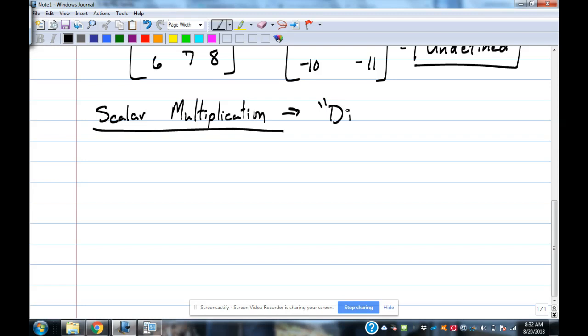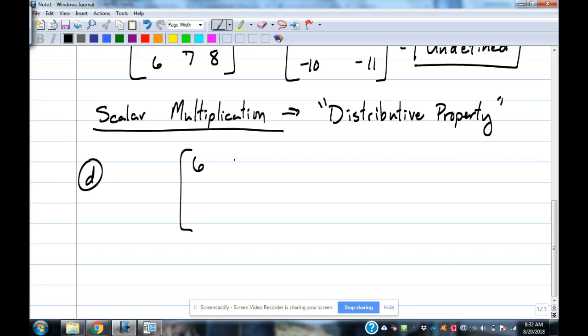Okay, so that's what I want you to think of. It's like distributive property. Okay, scalar multiplication means you're taking a matrix, and let's say, for example, it's this one: 6, -5, 8, 11, 7, -2.